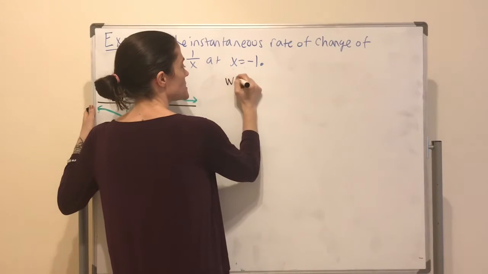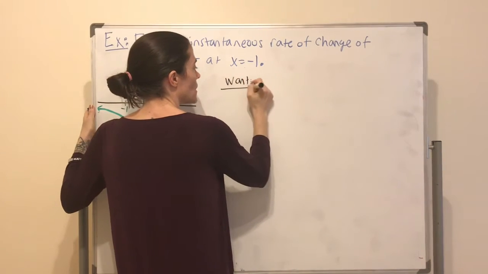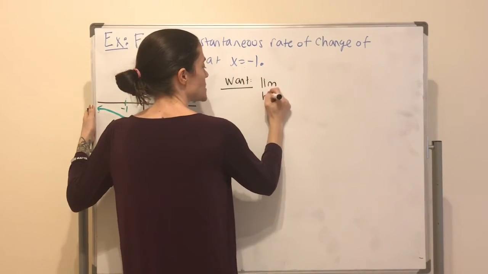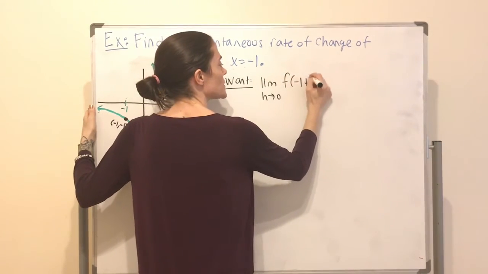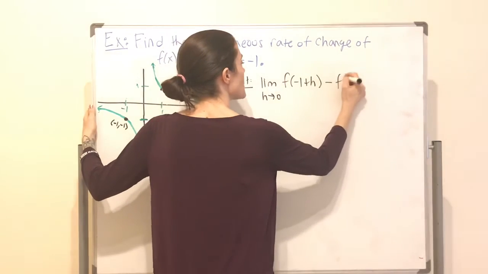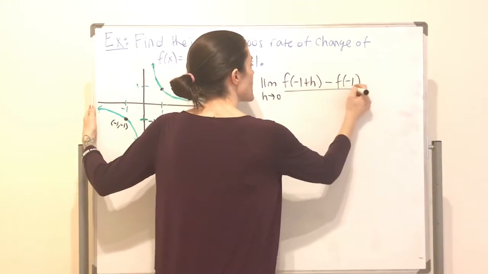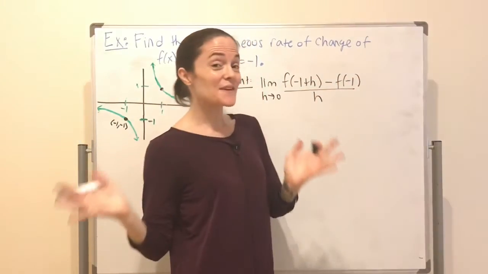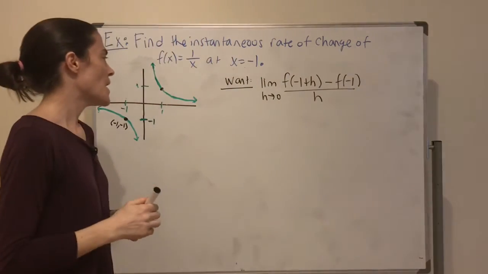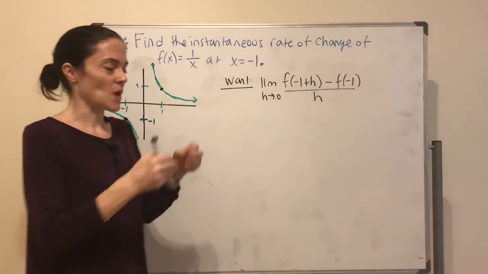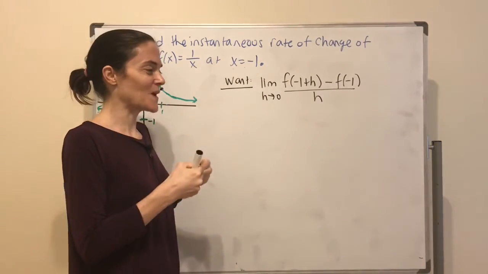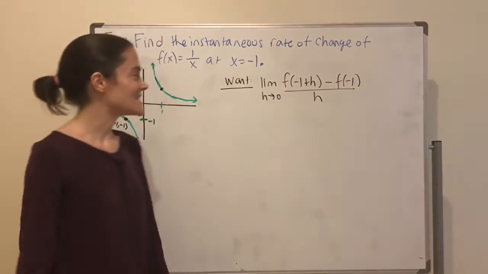We want a limit as h goes to 0 of f of -1 plus h minus f of -1 divided by h. This is the difference quotient. Equivalently, it's the slope of the secant line on the interval -1 to -1 plus h.